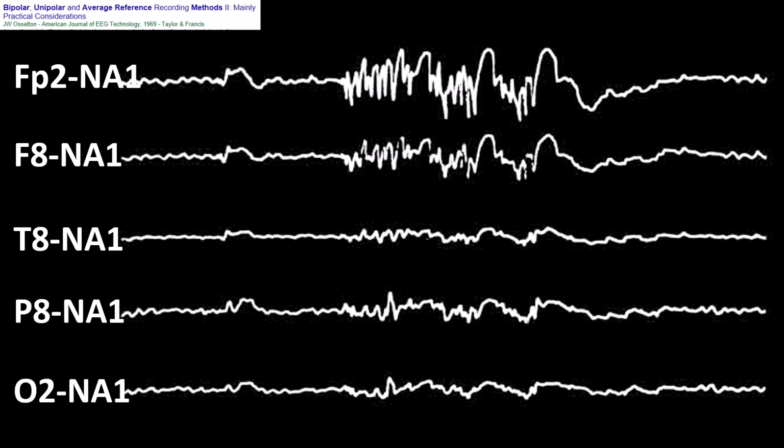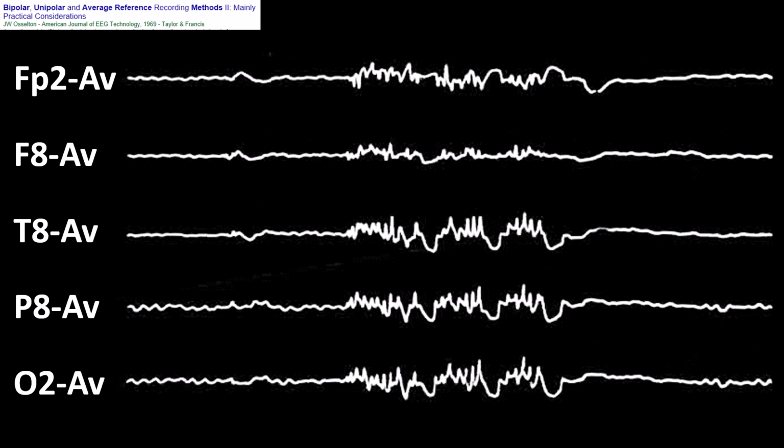The activity morphology and location is preserved now that we have changed from a chin reference to a just below the left ear reference. The activity is also clearly seen using average, but its polarity and location is greatly altered. It appears positive at FP2 but negative at T8, P8, and O2.